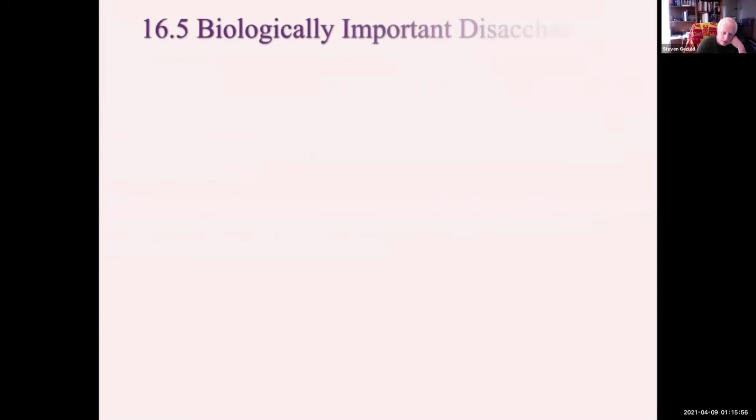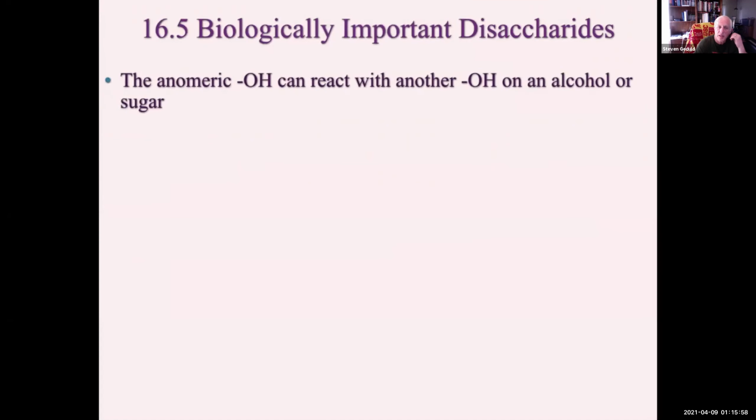Okay, so our important disaccharides, the anomeric OH can react with another OH on an alcohol or a sugar. Remember all the OH groups on sugar or the OH group on alcohol? Those can react with another anomeric OH. Okay. This forms what we call a glycosidic bond.